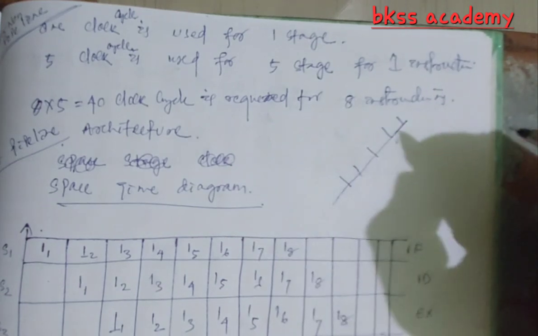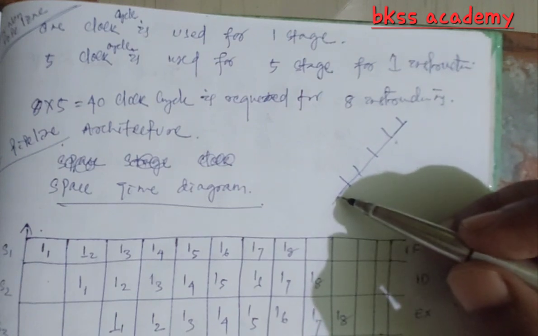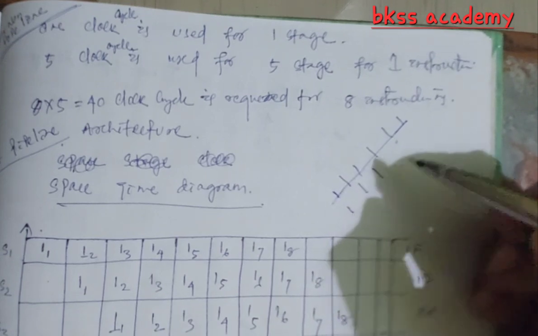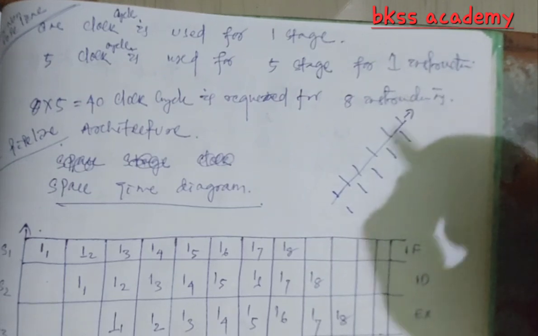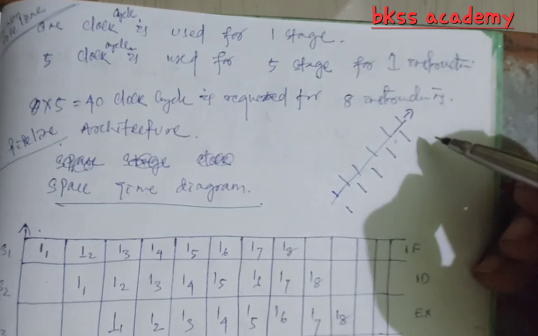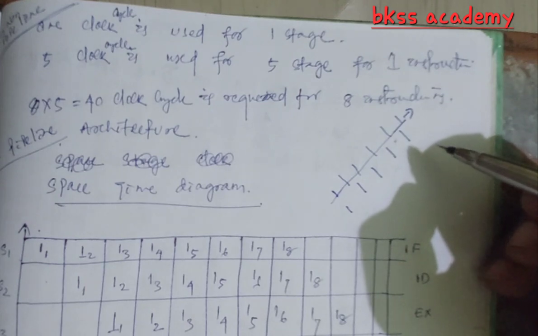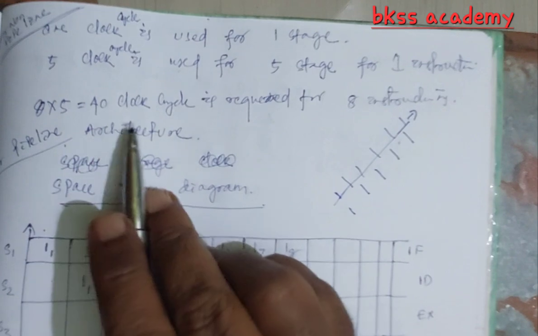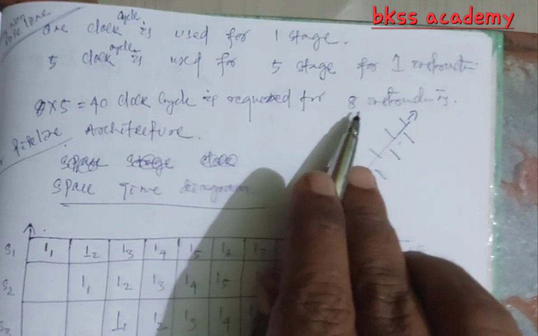When an instruction goes for execution, it starts here: one clock cycle, one clock cycle, one clock cycle, one clock cycle, one clock cycle, then the output will be provided. So it takes 5 clock cycles. If there are 8 instructions, 8 into 5, 40 clock cycles are required for processing 8 instructions.